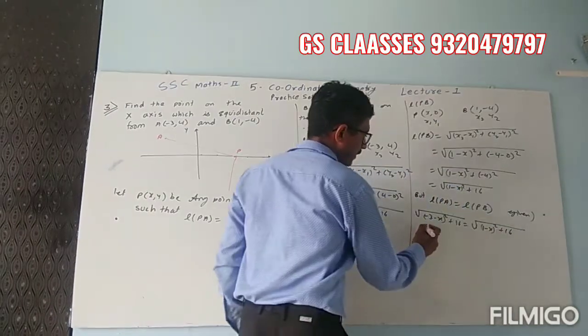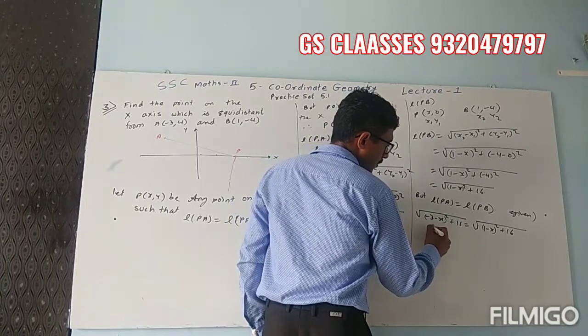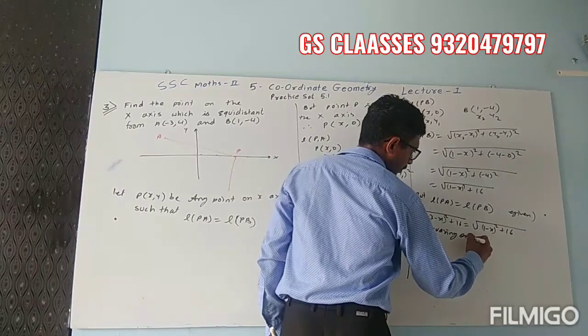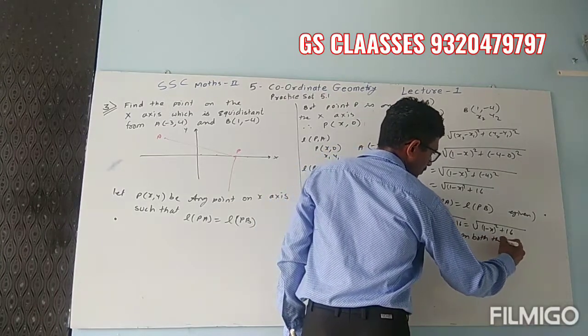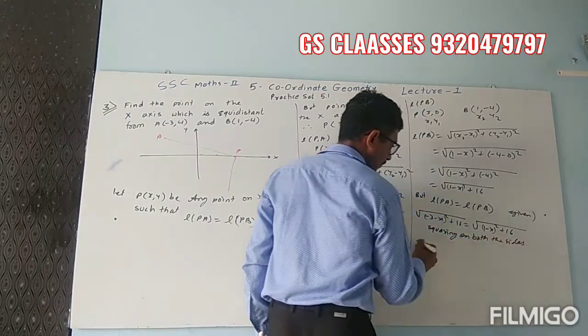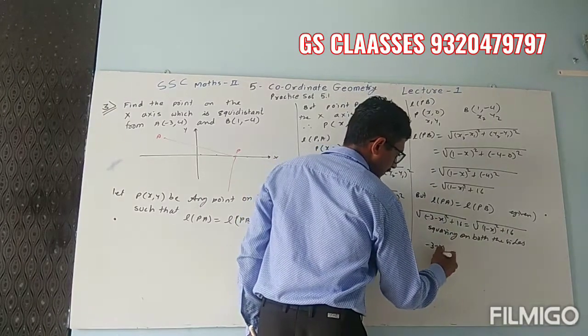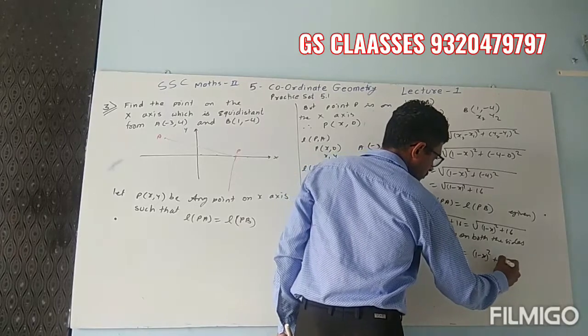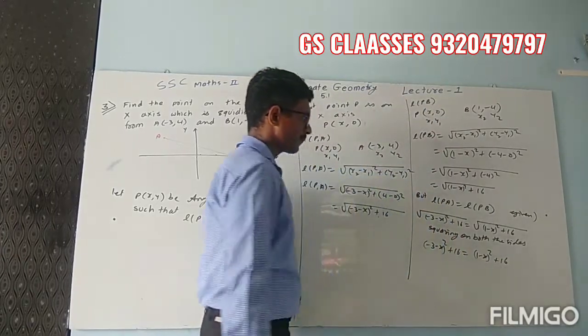Now you can say, squaring on both the sides. So minus 3 minus x whole square plus 16 equals 1 minus x square plus 16.